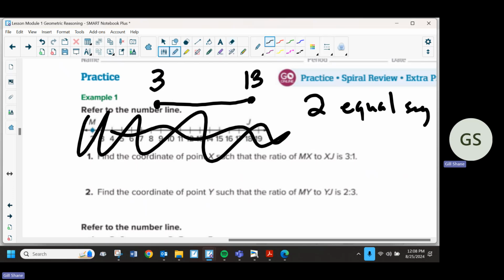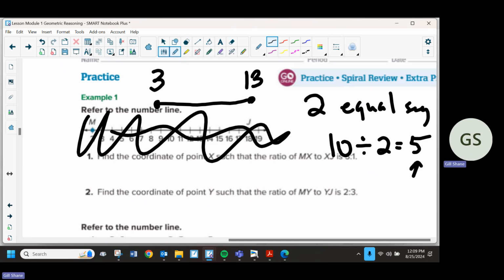So if I know 10 is the total length and I want to create two segments that are equal length out of the 10, I get 5. The 5 is how long each individual smaller segment is. Again, 10 was the total length of the big segment.